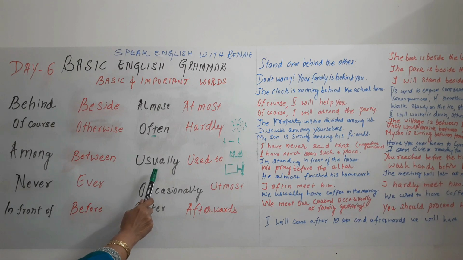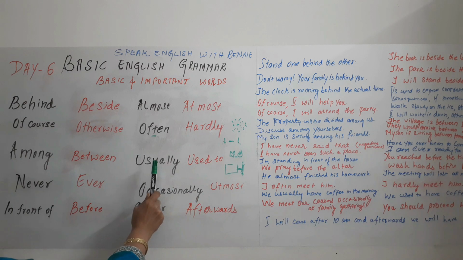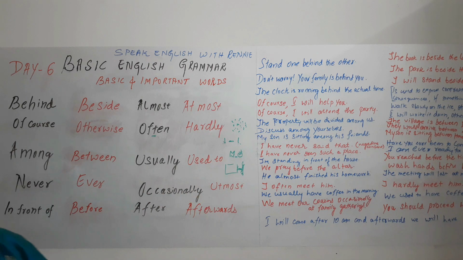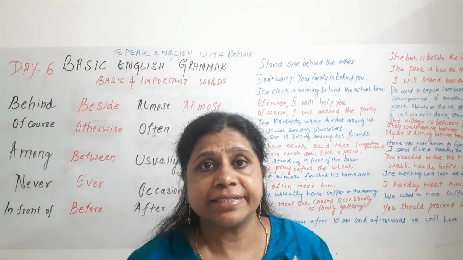Next is usually, used to. Here, usually is a past habit that still continues to some extent in the present, and used to is a past habit which no longer exists. Alright? These are almost contrasts, right?